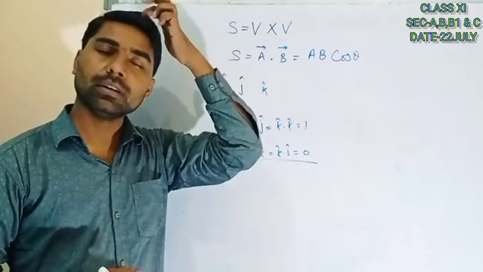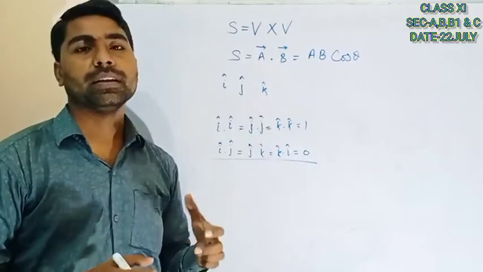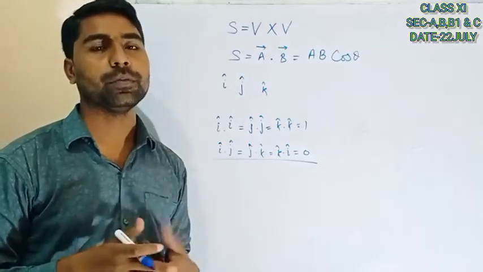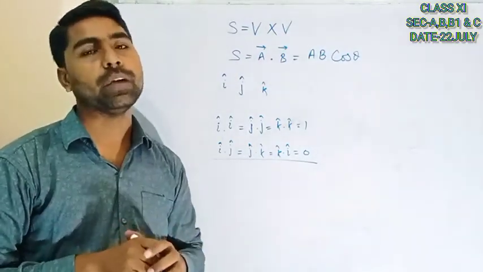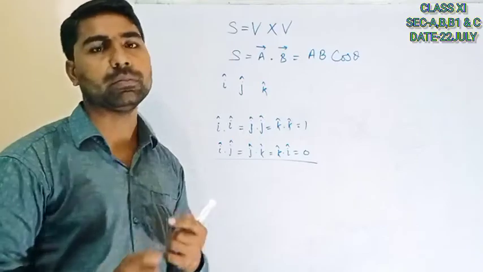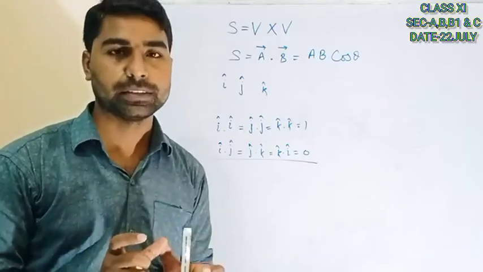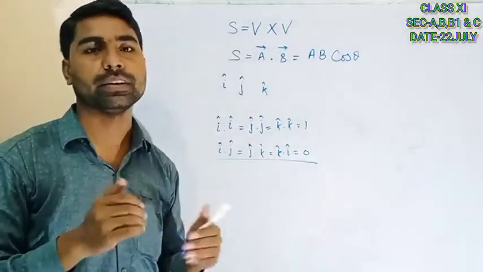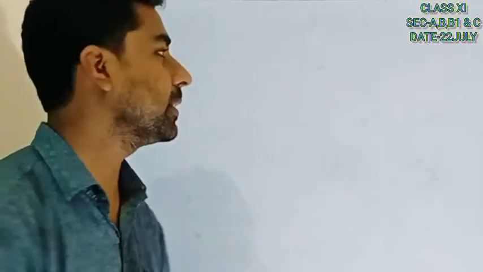This is all about the dot product from the last lecture. The last thing I was going to tell you is, if two vectors are given, how we will multiply the two vectors in terms of the i j k orthogonal unit vectors. Let's see what I mean.